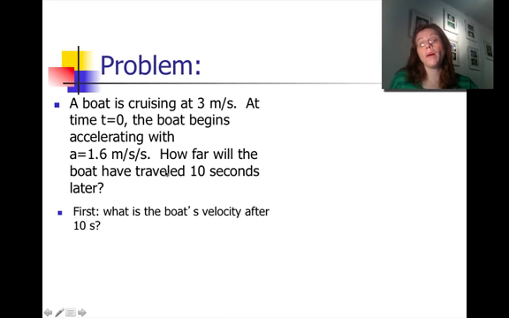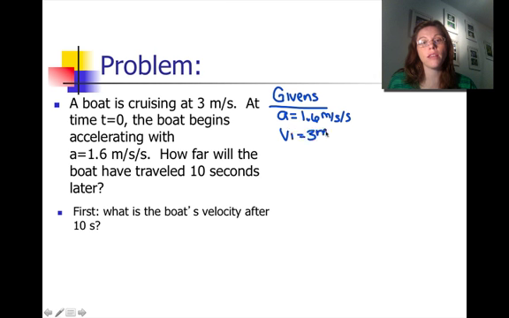We can first find what is the boat's velocity after the first 10 seconds. So let me rewrite what we were given. Acceleration is 1.6 meters per second. VI is 3 meters per second. VF, change in x is our want, and change in time is 10 seconds.